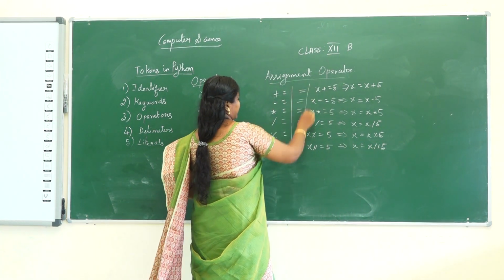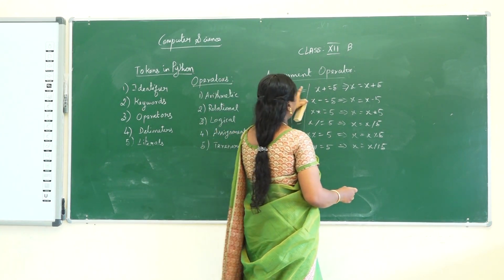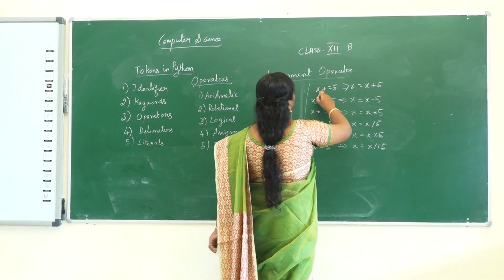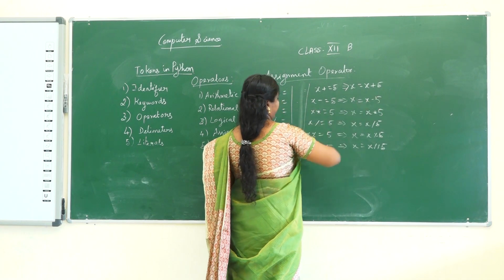So these are the operators. If you have x plus equal to 5, it implies x is equal to x plus 5.